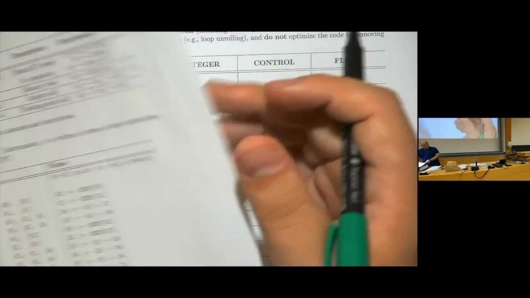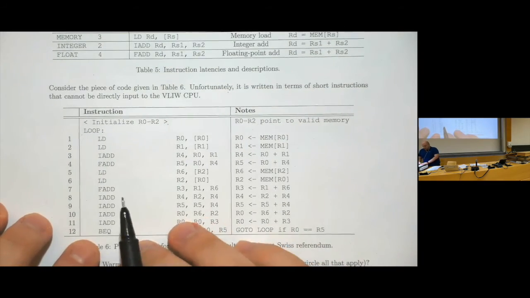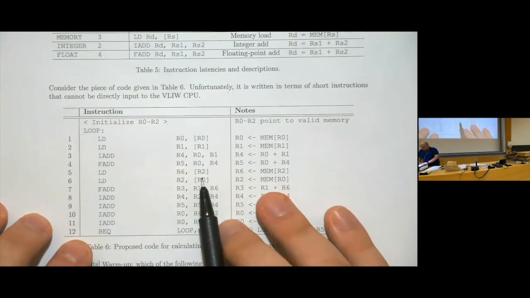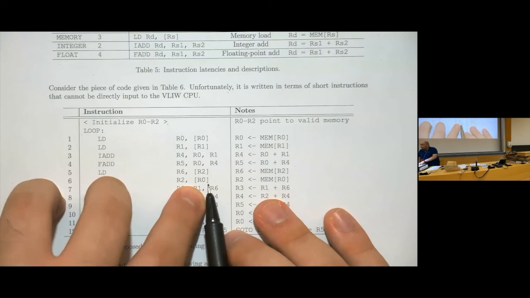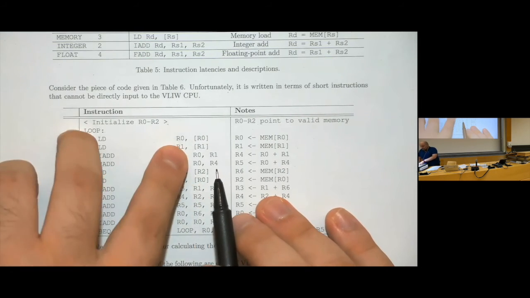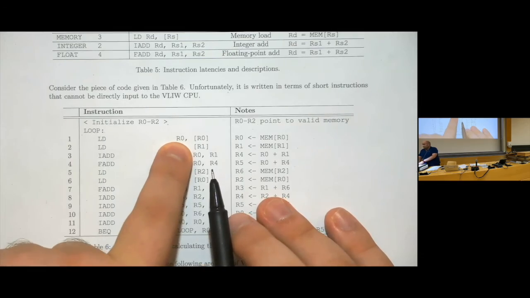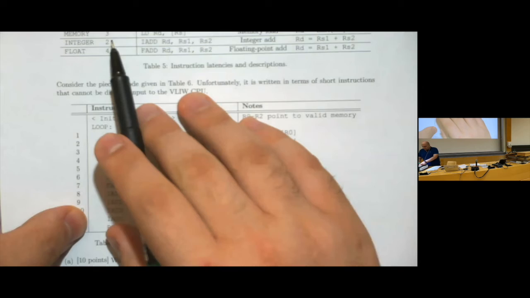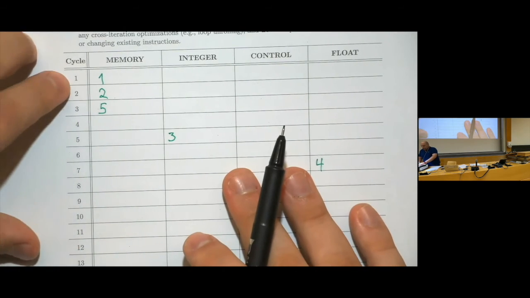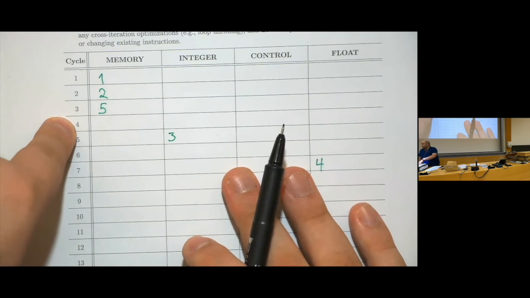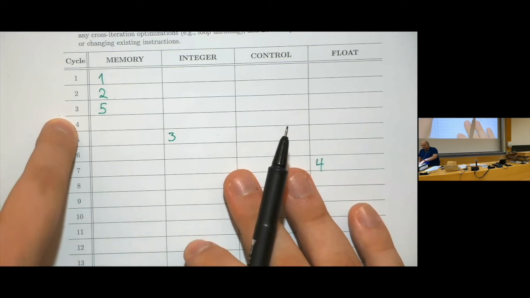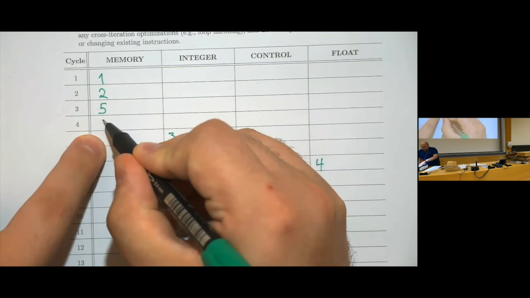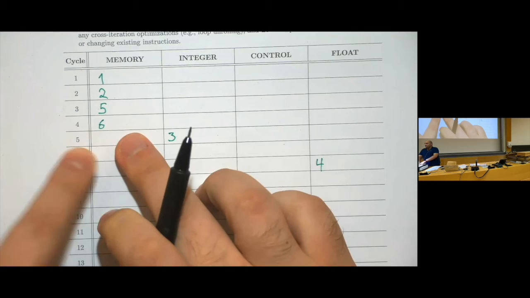And then for instruction 6, we want the value of R0 to be the value that we load in the first cycle. How long does that take to be available? It takes 3 cycles, so this value becomes available here. That's very good news for us, because in this cycle I can already schedule this instruction.